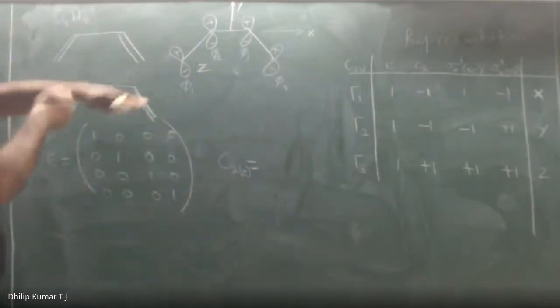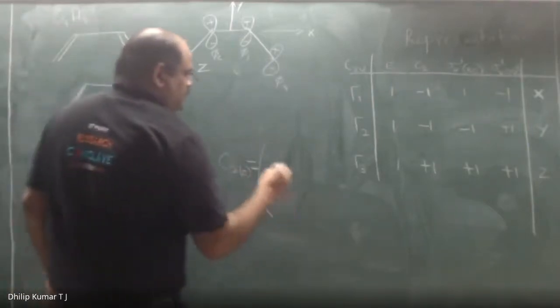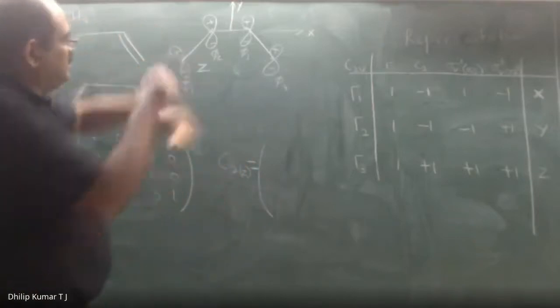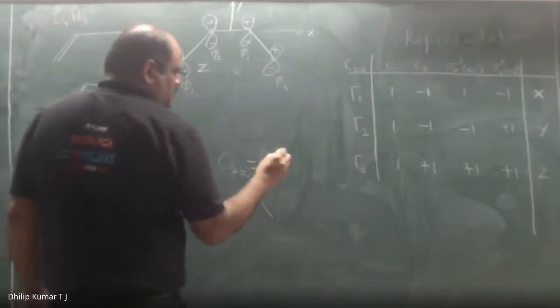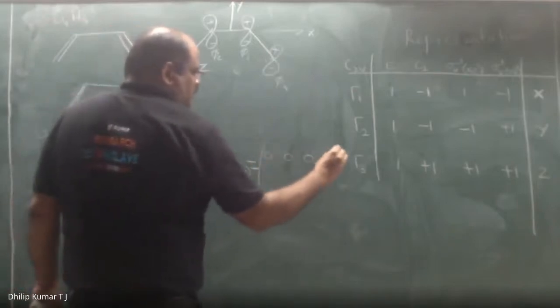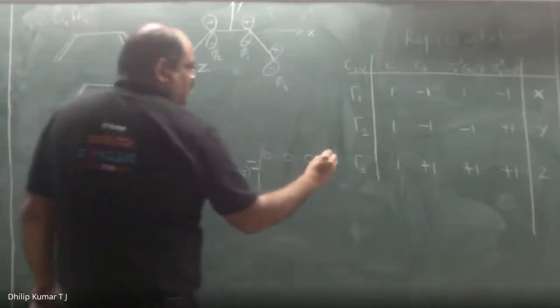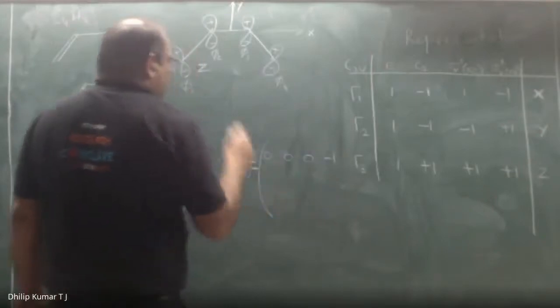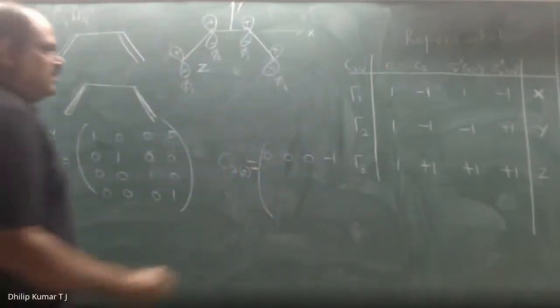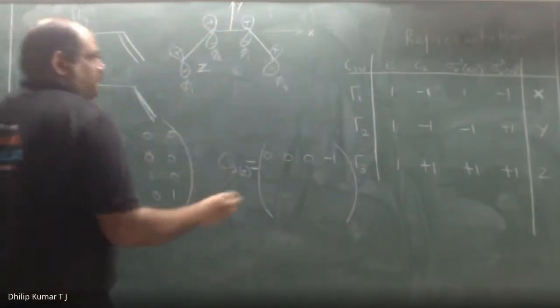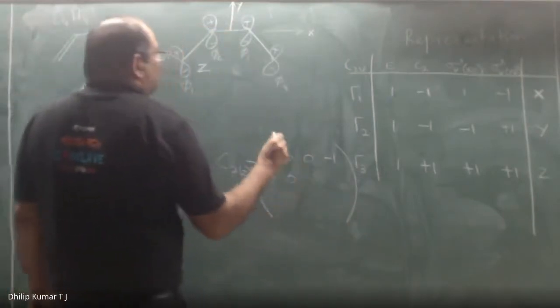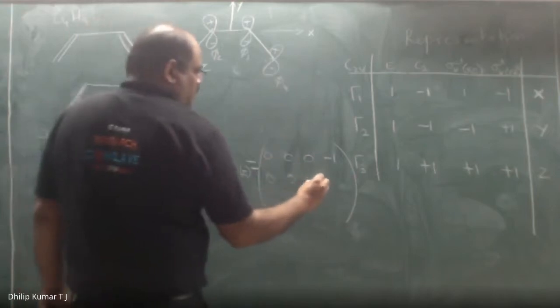And we are rotating it, so then the matrix form, if you rotate it 180 degrees, phi 1 will become phi 4. So that means this will occupy phi 4 with a negative 1. Phi 1 will become phi 4. And if you try with phi 2, it will become phi 3.